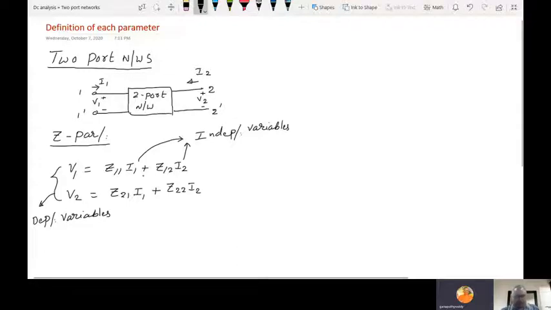Okay, so how to find these parameters? To find Z11, how to find Z11: V1 by I1 when I2 equal to 0.